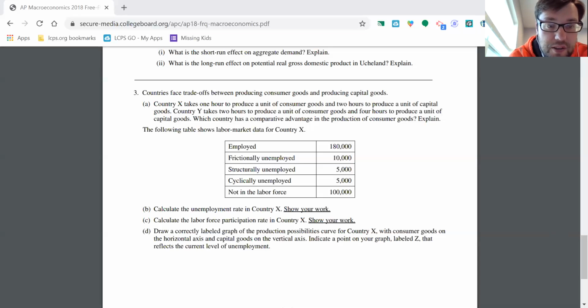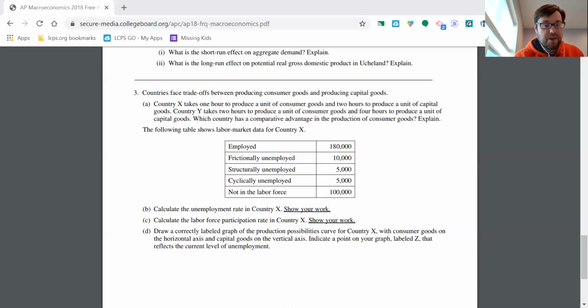Okay, so let's go to country Y, and we have 2 hours for consumer goods over 4 hours to produce a capital good. Well, let's reduce that, and what do we have? Lo and behold, we have the same thing. So the opportunity cost for both country X and country Y is exactly the same.